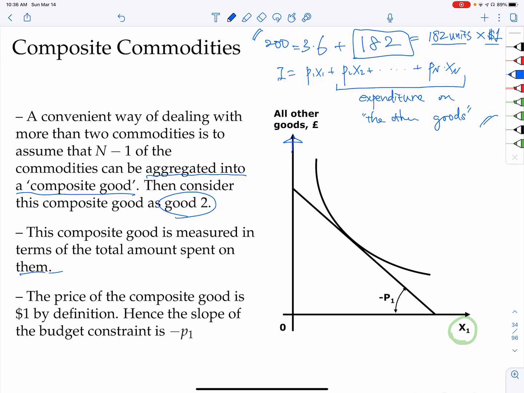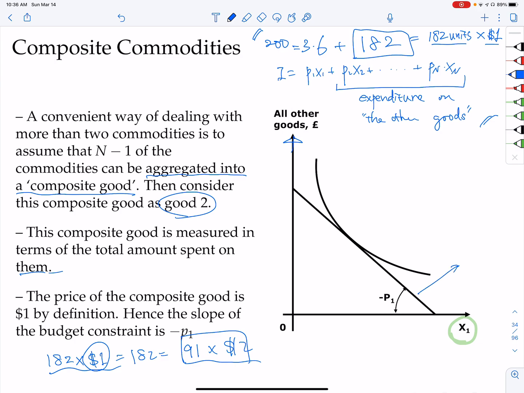If you want, you can say that you bought 91 units of the composite good at $2. This is certainly doable; it's just a matter of normalization. Instead of 182 times $1, you can say 91 times $2. But why bother with $2 when you had the simple $1? So this is the convention we use.